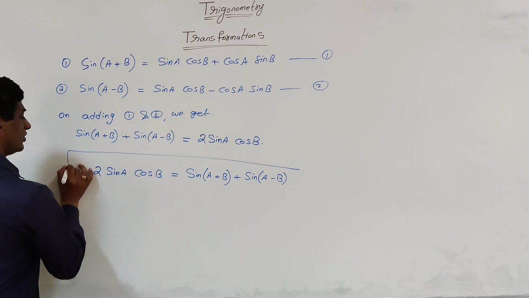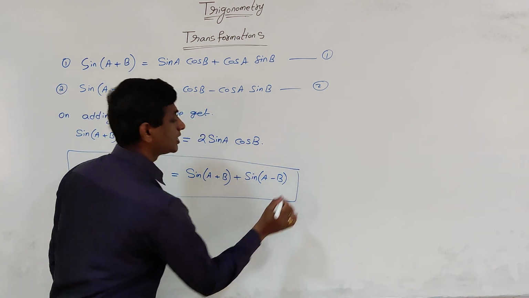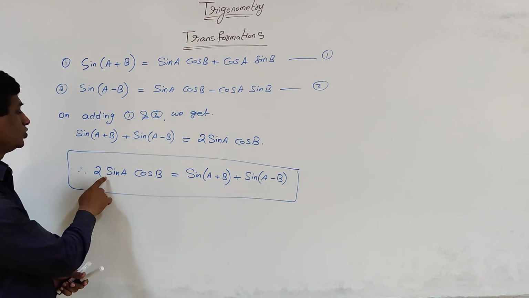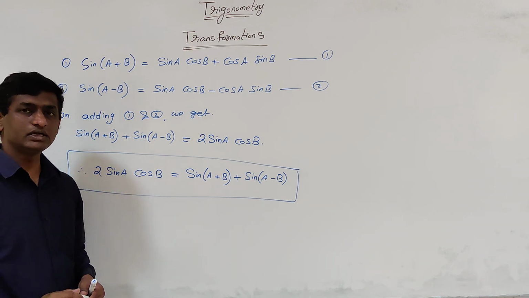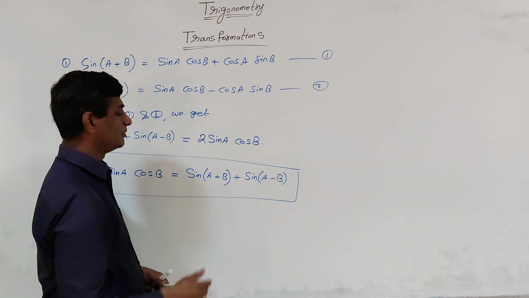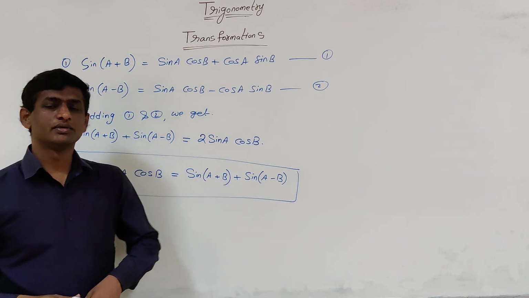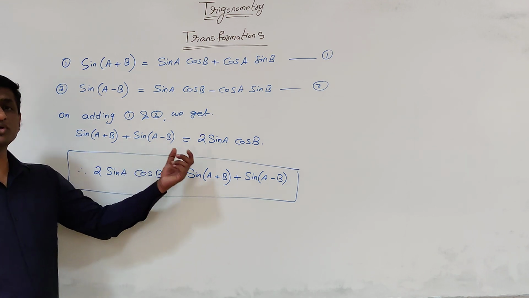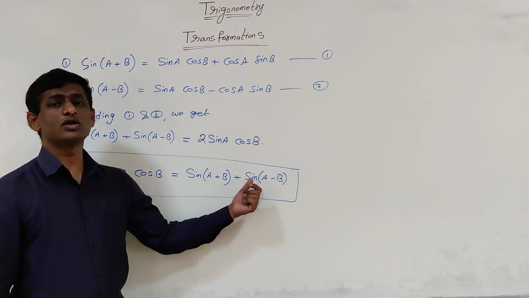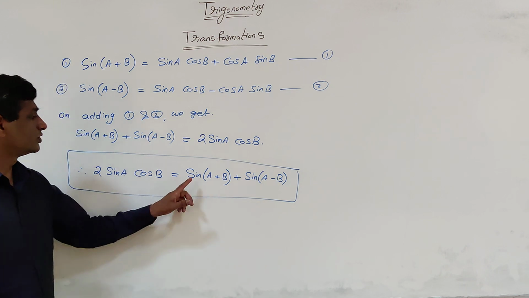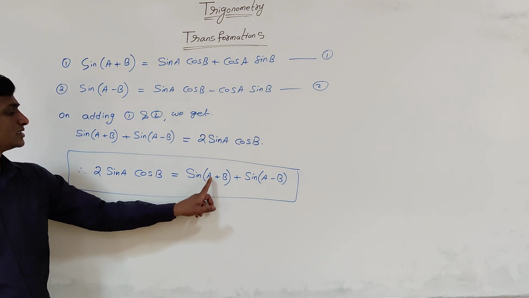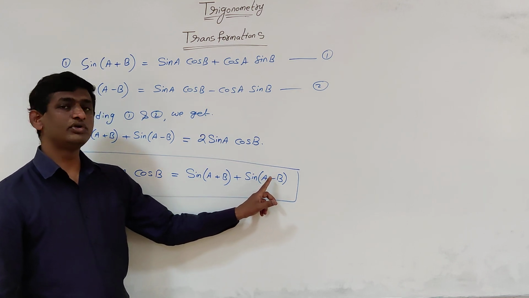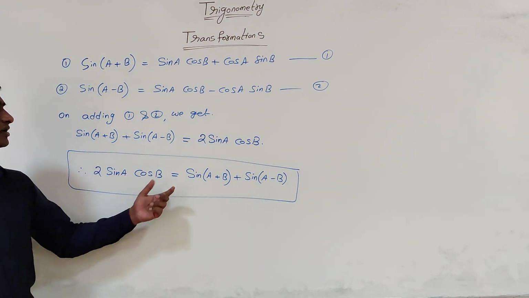Means if a and b are two different angles, then the form 2 sin a cos b is equal to sin of a plus b plus sin of a minus b. This is the product transformed to the sum of trigonometric ratios: sin of the sum of a and b, plus sin of the difference of a and b.